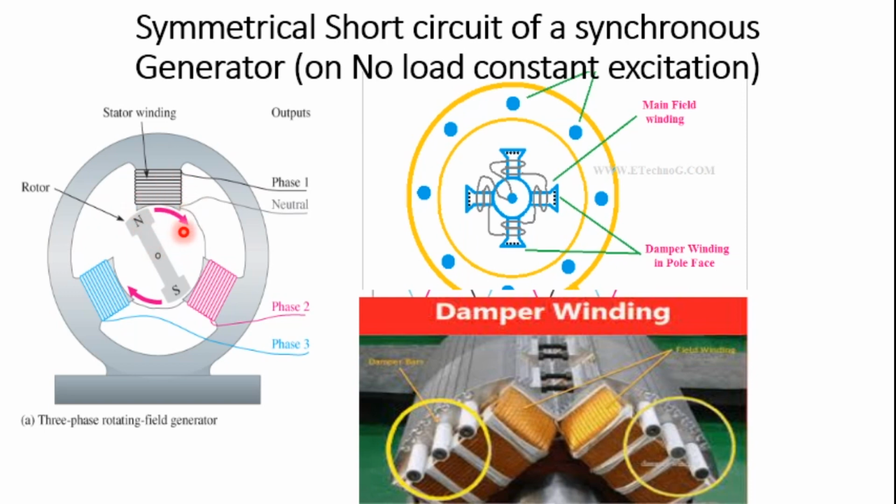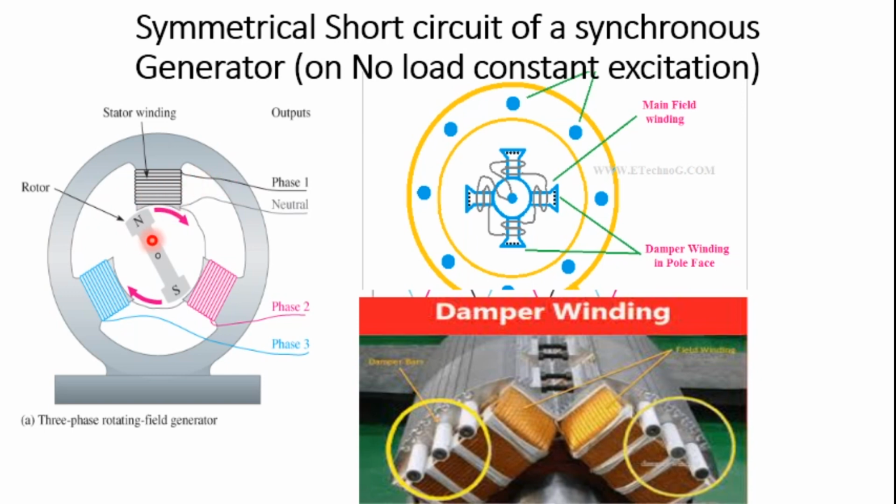Hence a three phase alternating EMF is induced in the armature winding, resulting in a three phase current set up in these windings. This produces the rotating magnetic field, which rotates at the synchronous speed in the air gap between the stator and the rotor.